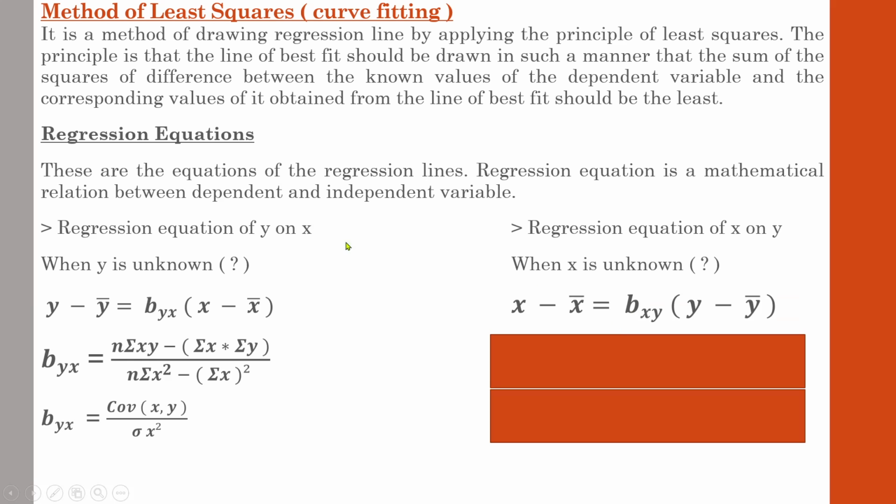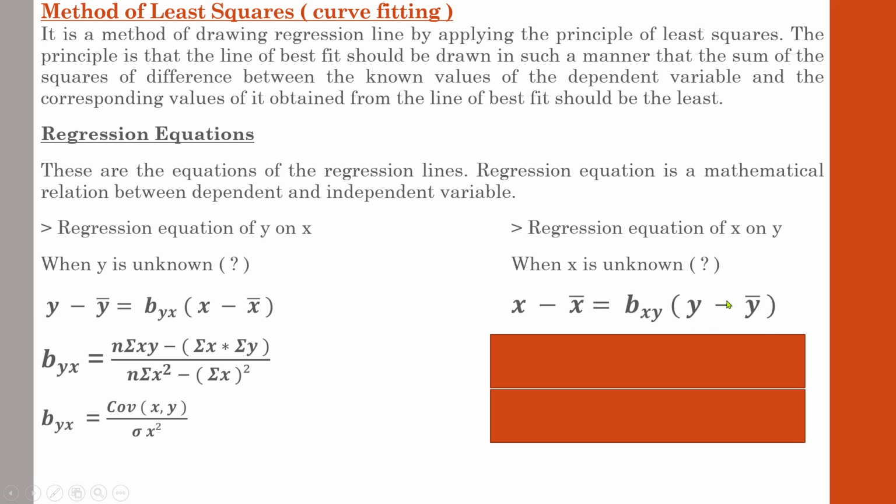Here y is unknown, so we begin with y: y minus y mean equal to byx into x minus x mean. In x on y, x is unknown, so we will begin with x: x minus x mean equal to bxy into y minus y mean.